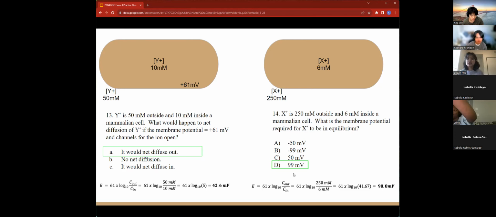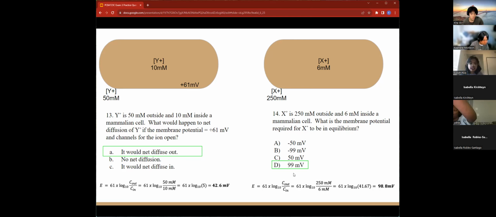The Y ion would leave the cell so that it can get the membrane potential to drop to its equilibrium potential. Once it hits 42.6 millivolts, the ion wouldn't have a specific direction it would move in. It would just be zero net diffusion.